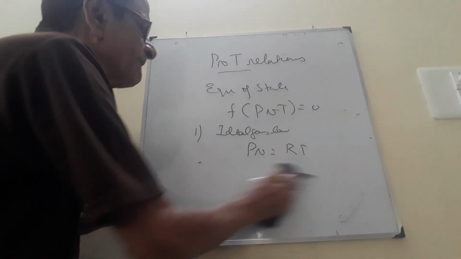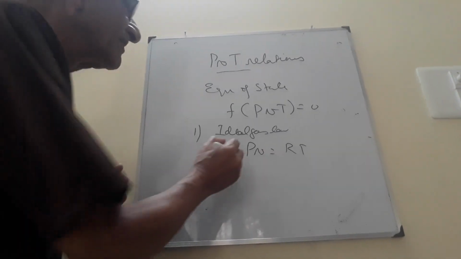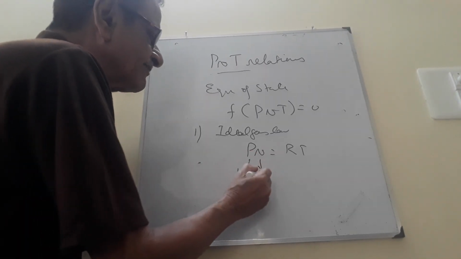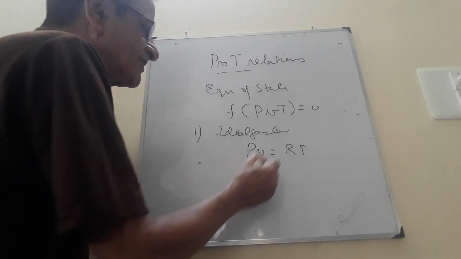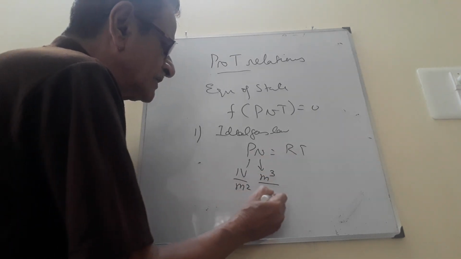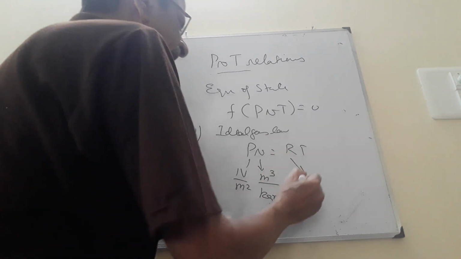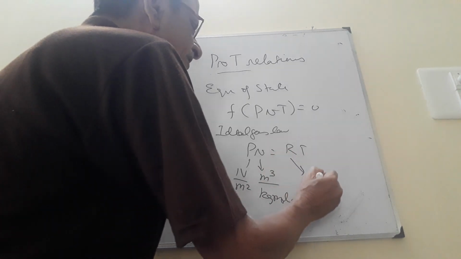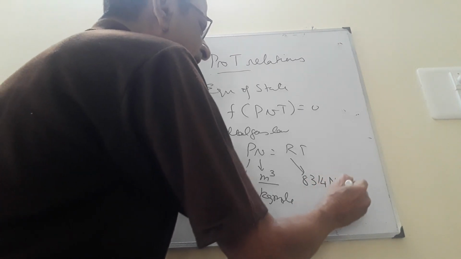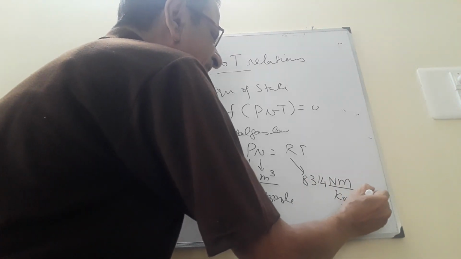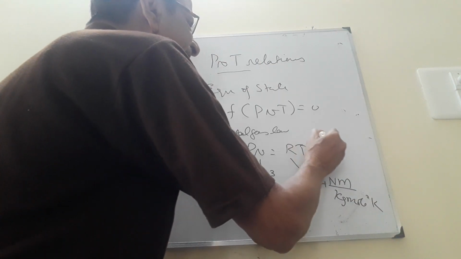Here pressure is in Newton per meter square. Volume is meter cube per kilogram mole. R is 8314 Newton meter per kilogram mole degree Kelvin and temperature is in degree Kelvin.